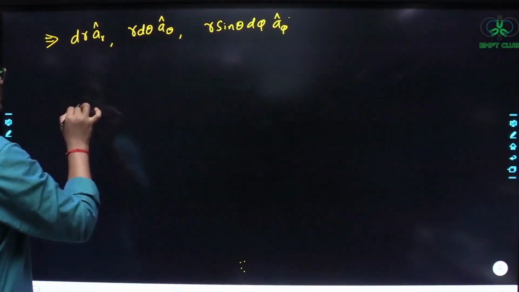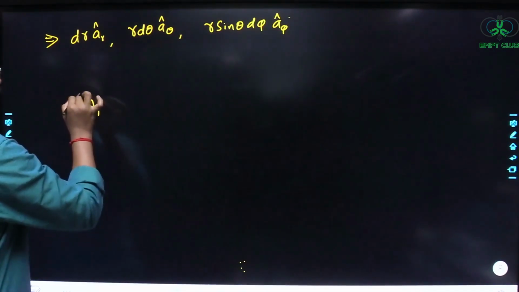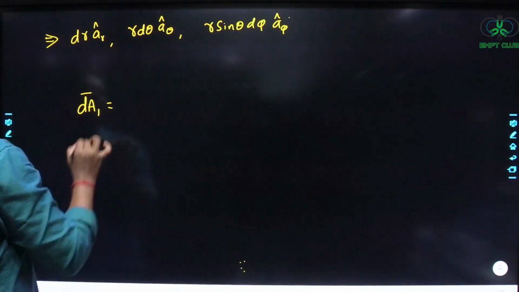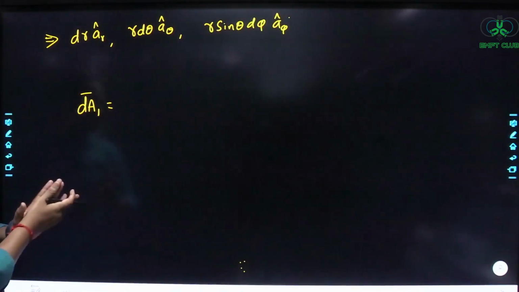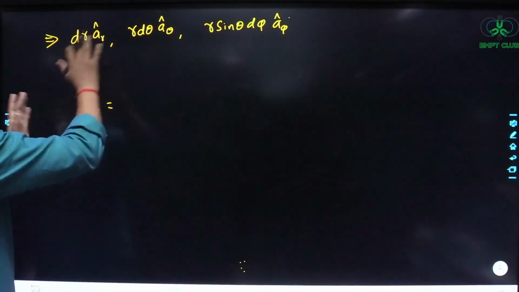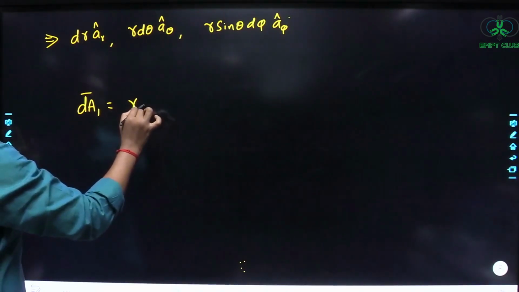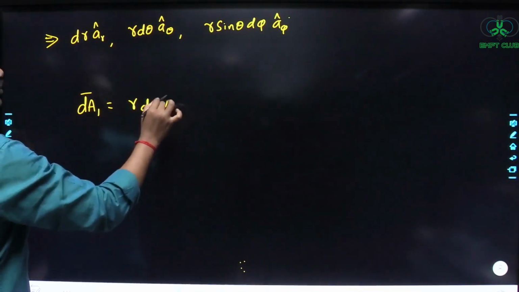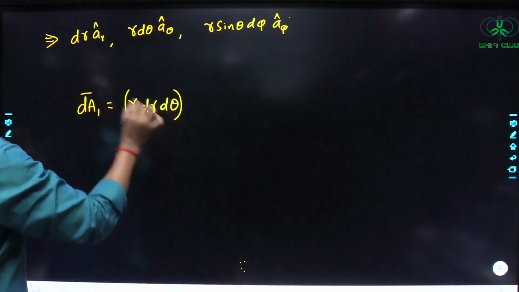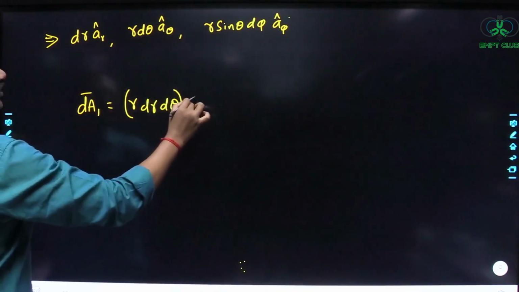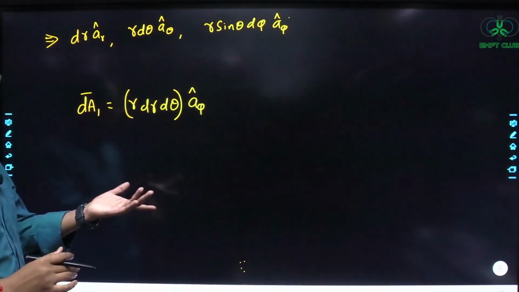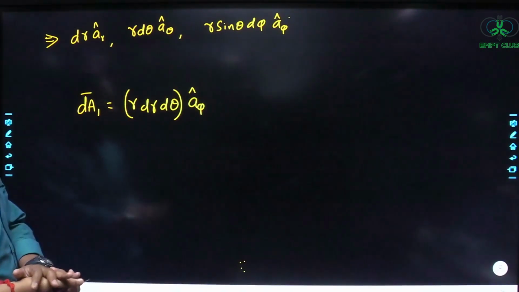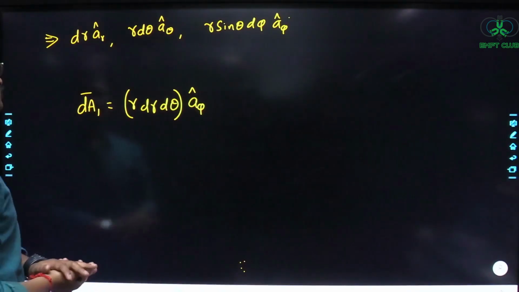Let us determine the first differential area. dA1 bar is equivalent to the cross product between these two. I am writing directly here. The magnitude is nothing but r dr d theta. a_r cap cross a_theta cap is nothing but a_phi cap. Now you are familiar with this, so I am writing directly. So a_phi cap.